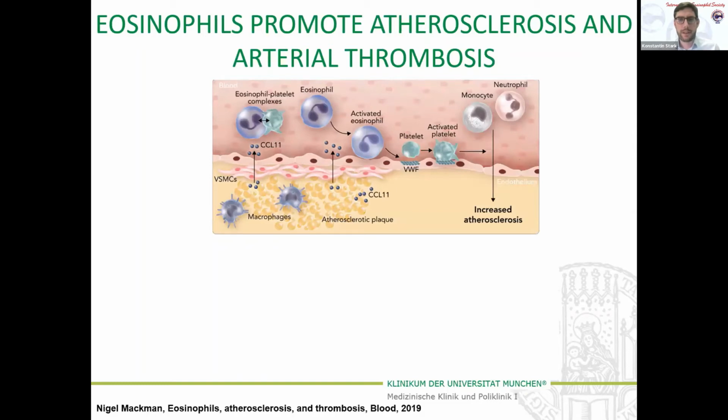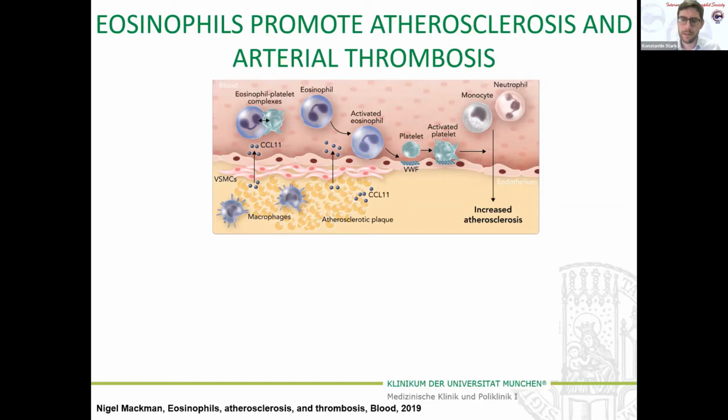So what is our model of the role of eosinophils in atherosclerosis? I told you that we don't see eosinophils within the plaques itself, but we see that there is an upregulation of CCL11 in atherosclerotic plaques, which probably activates eosinophils, which form aggregates with platelets, and this results in mutual activation.